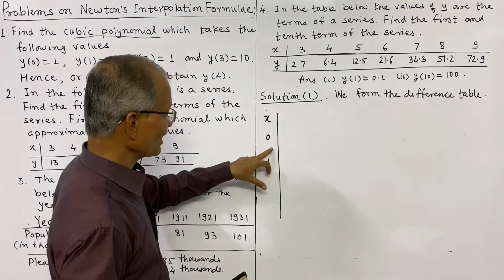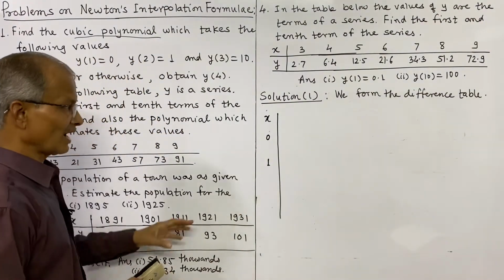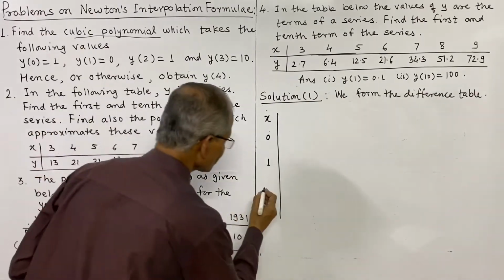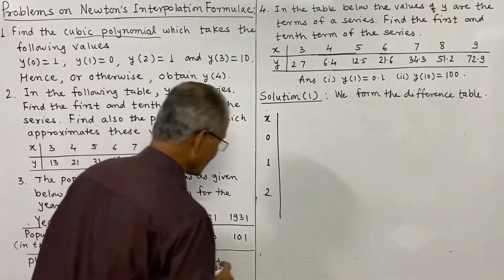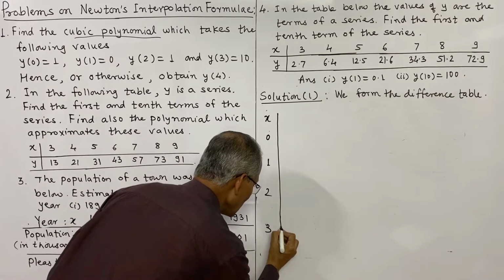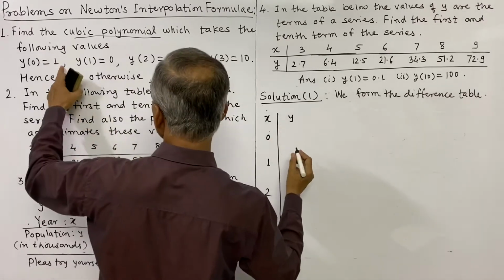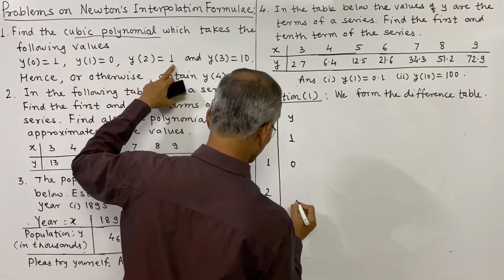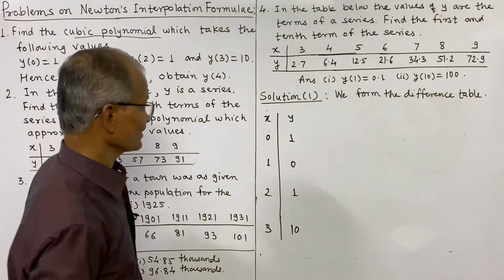So keep one line blank between these two entries of x and y also. So 0, 1, then 2, then 3. So these are the values of x. Now what are the values of y? The values of y are 1, 0, then 1, 10. So these are the values of x and y.